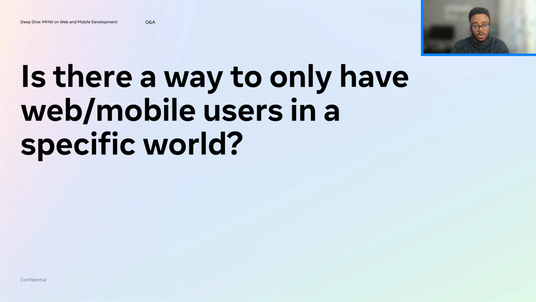For worlds that creators decide to build for web and mobile, is it possible for them to have users just from web and mobile for a particular world? Let's say I come into a world and only people in that world are players from just web and mobile. Is that possible now? It's an interesting question. Technically you could have two doors, and one only opens when you're on web and mobile, and one only opens when you're in VR. But my question back would be why?